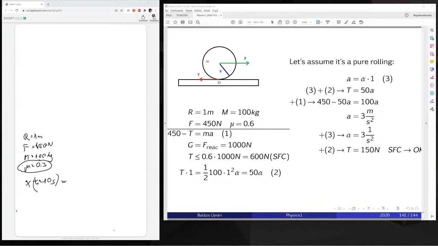In this case, the exam will be online and theory plus test 2 together. I mean, sample test, exactly you will solve this example. Cylinder, force through the axis of the rotation, and what is the acceleration, and where is the body in 10 seconds. That's all.